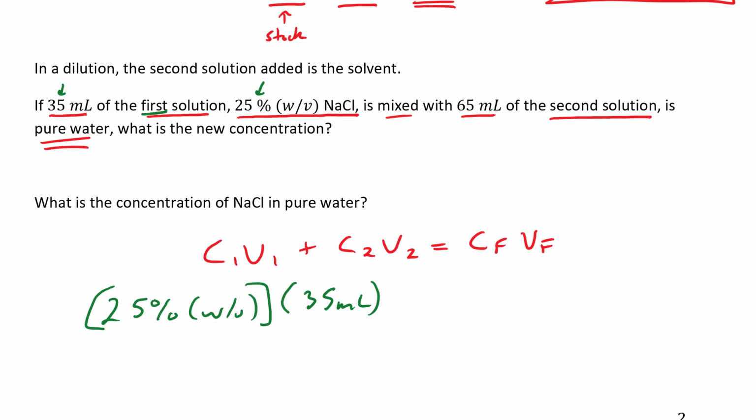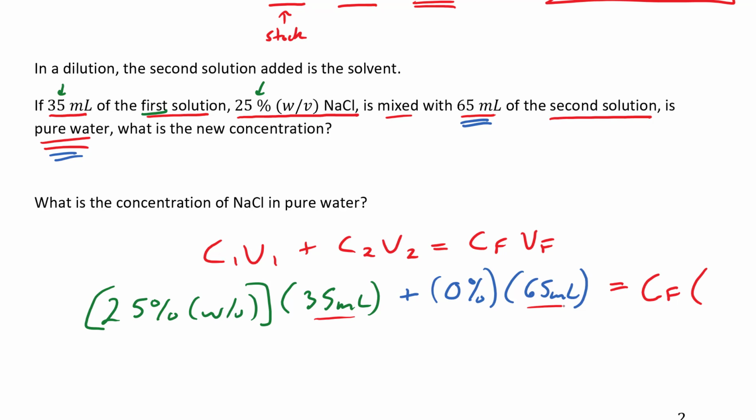We're then going to mix that with 65 mils of my pure water solution. So my concentration of sodium chloride in pure water will be 0%. My volume, 65 mils. Finally, we will get a final concentration, and our final volume will be the sum of these two values here.